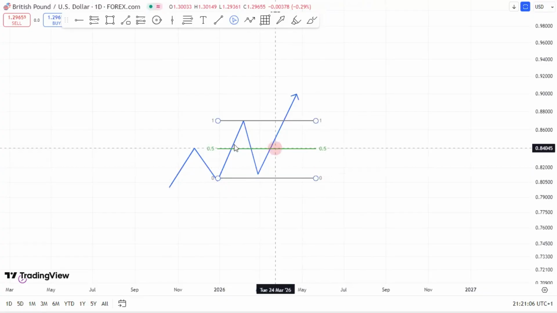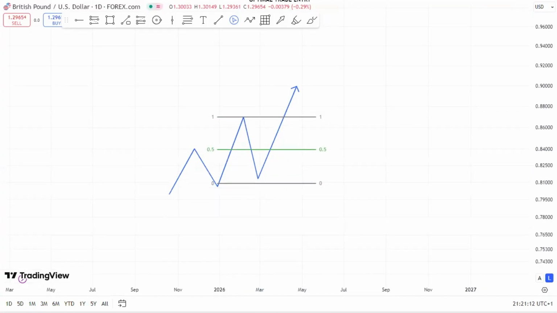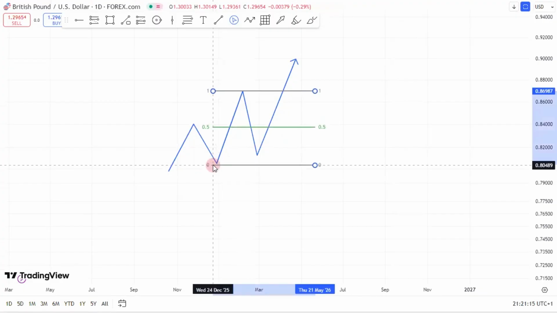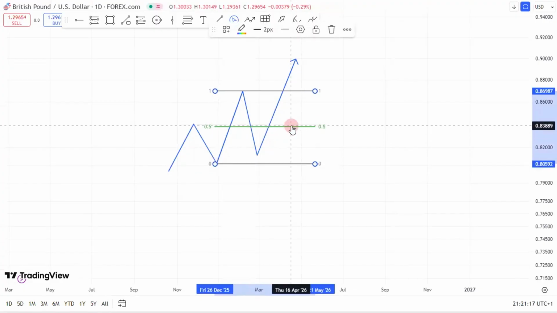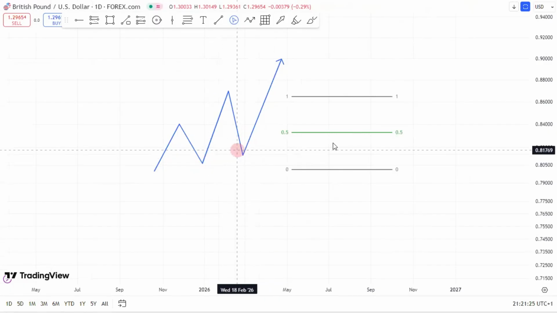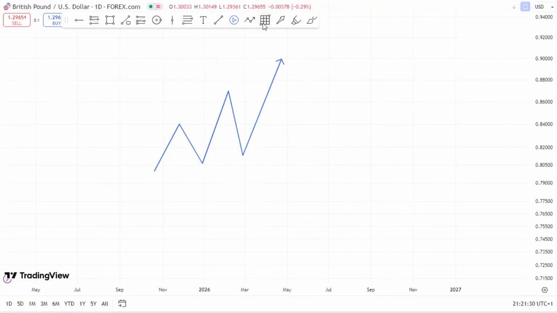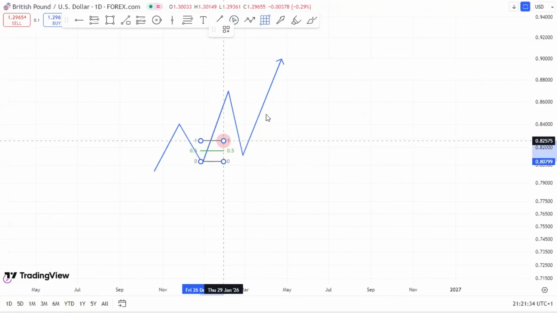So this tool here, we call it the Fibonacci retracement tool. How we are going to use it is I'm going to define it. Let me just remove it like this. Anytime you are in a bullish market, you use the Fibonacci retracement tool by measuring from the low to the high.